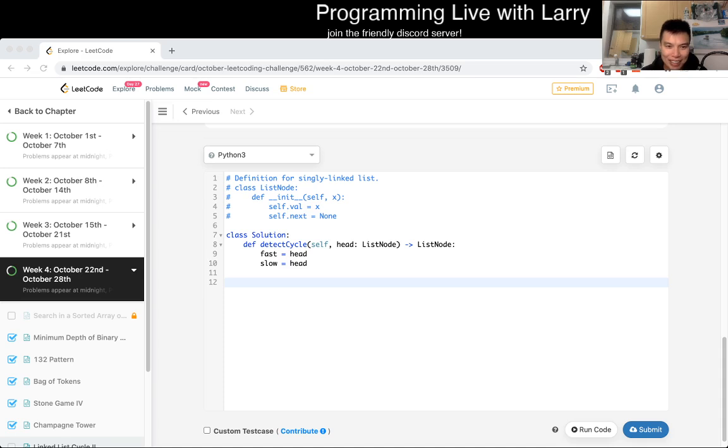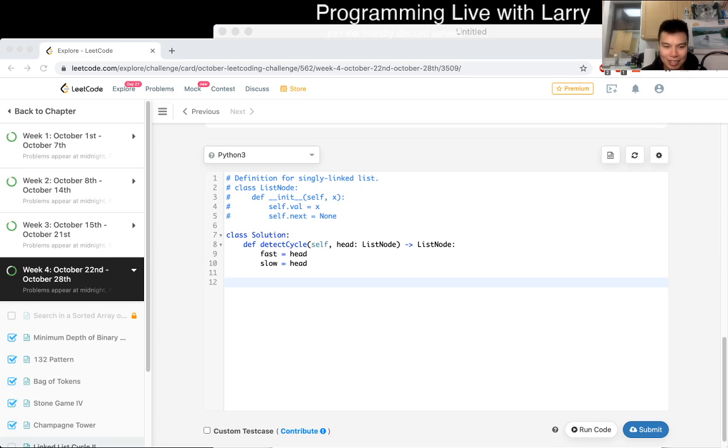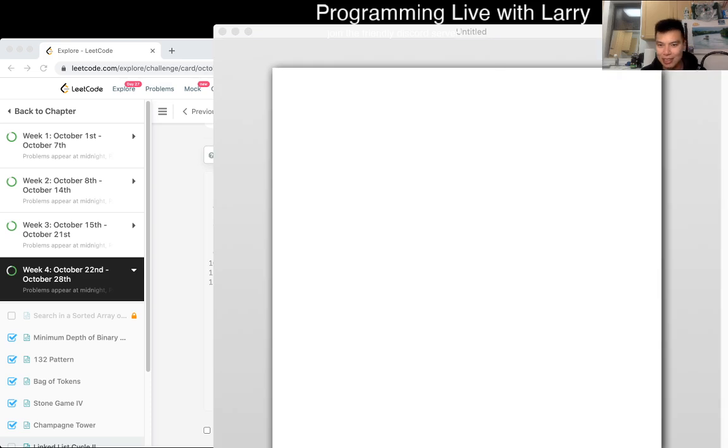What I'm doing right now is bringing up the paintbrush in hopes that it will help. Okay, that looks good enough. There we go. Sorry about that.